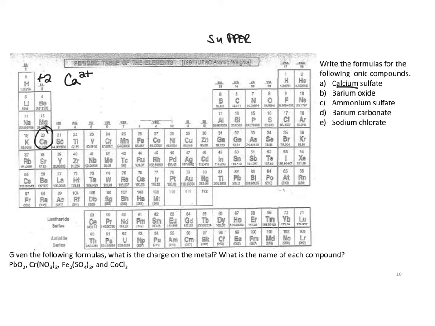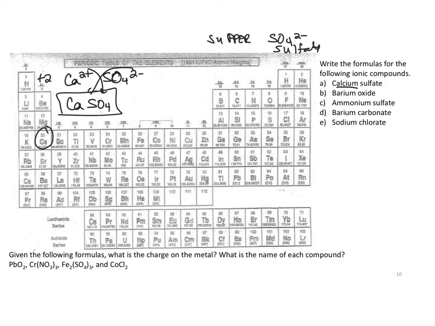Remember sulfur, Nick the camel. So that's SO4 2 minus, so that's sulfate. And so when we do the crisscross, that's calcium sulfate. And because it's 2 and 2, it reduces down to just calcium sulfate.